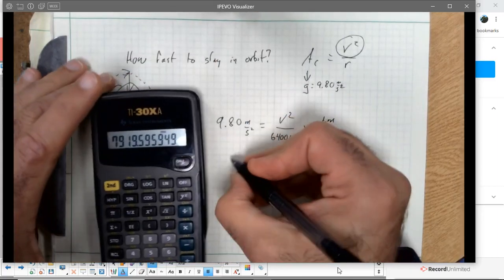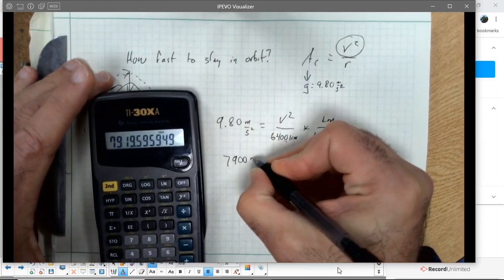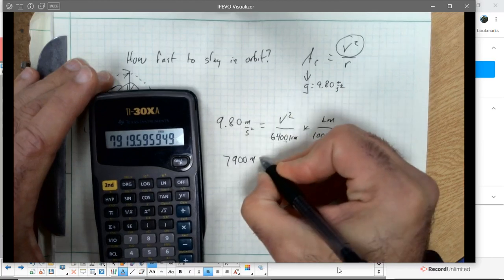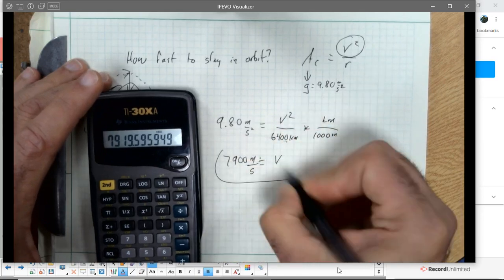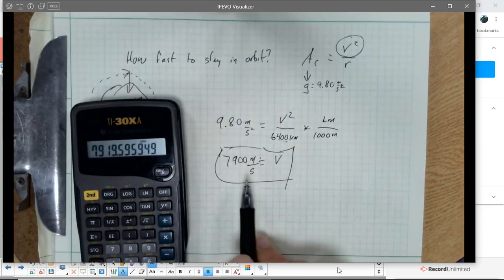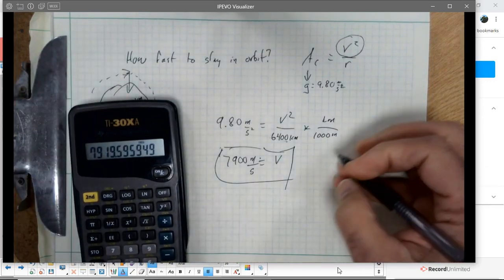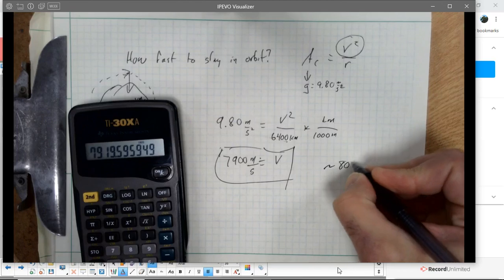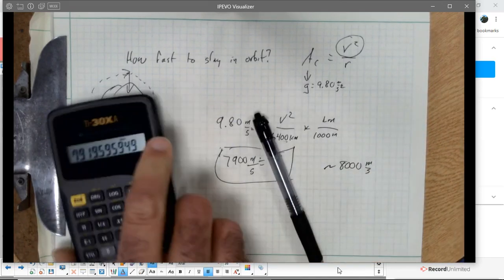So it comes out to be 7,900 meters per second is equal to v. That's it. So almost 8,000 meters per second. That's the accepted value, around 8,000 meters per second, as orbital velocity for the Earth.